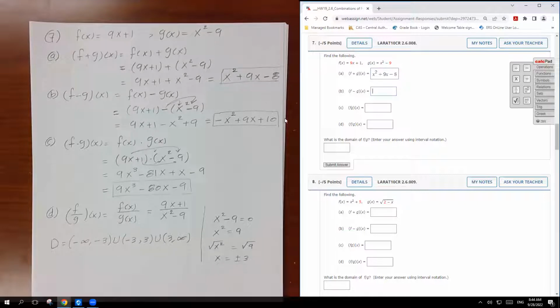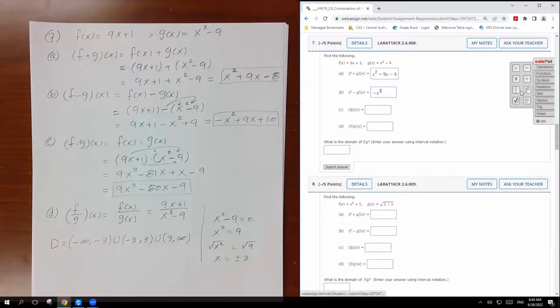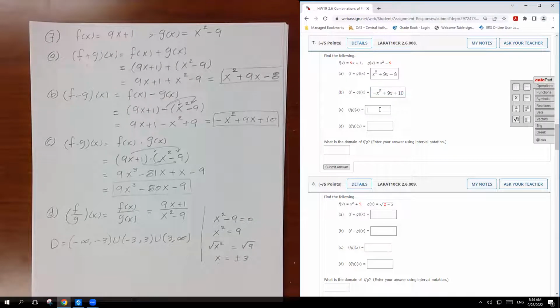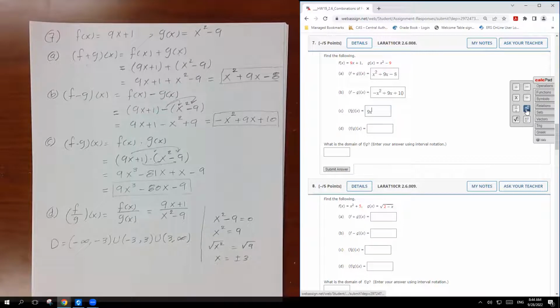And the second one is negative x squared plus 9x and plus 10. And the next one is 9x cubed, so 9x to the power 3, and minus 80x minus 9.